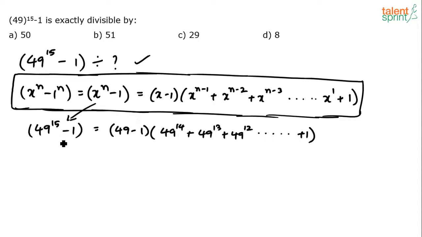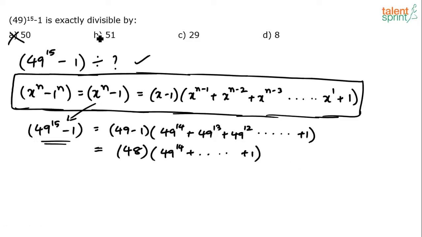Now 49 minus 1 is nothing but 48. So 49 power 15 minus 1 is equal to 48 into something.